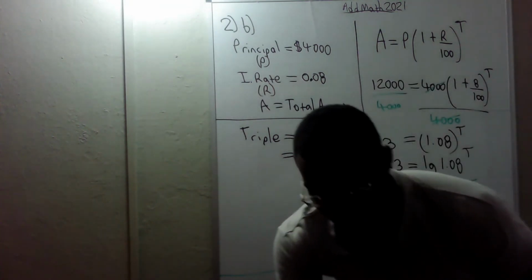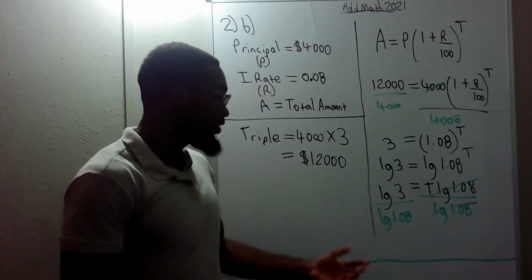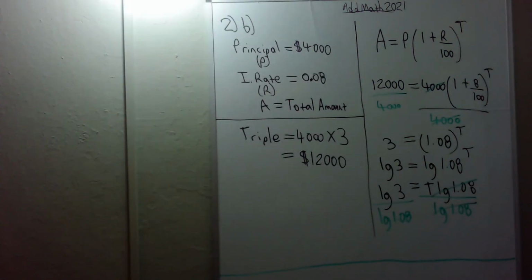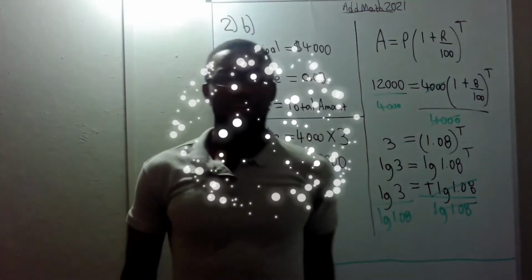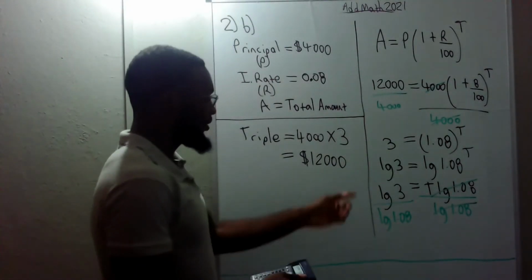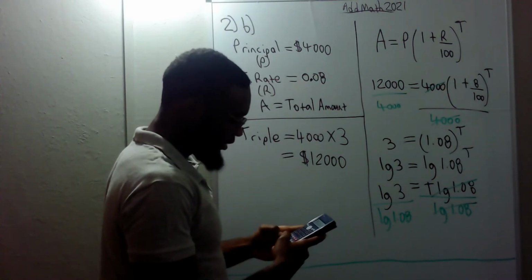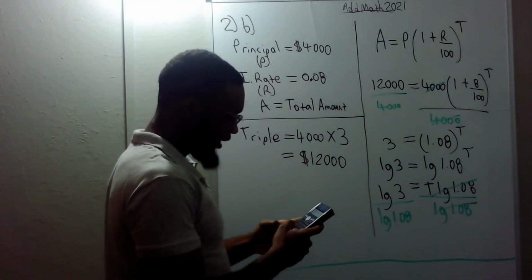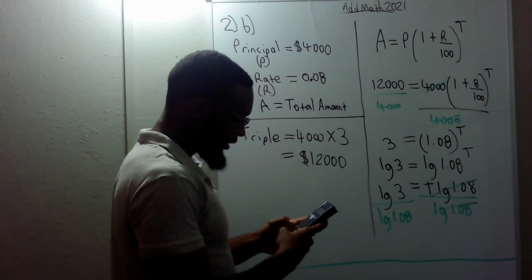Now, I don't know what that is, so I'm going to teleport and go for the calculator. Guys, I'm back with the calculator. We're going to input it now. The log of 3 divided by the log of 1.08.